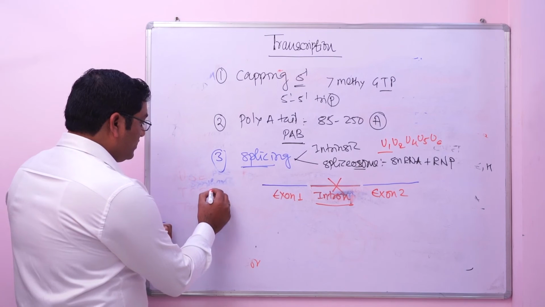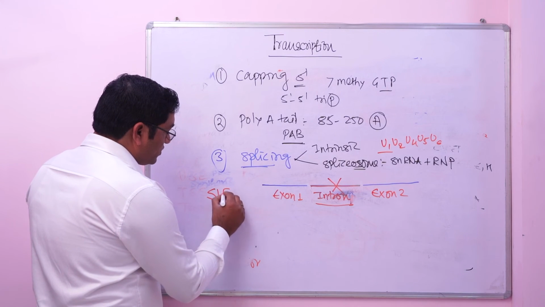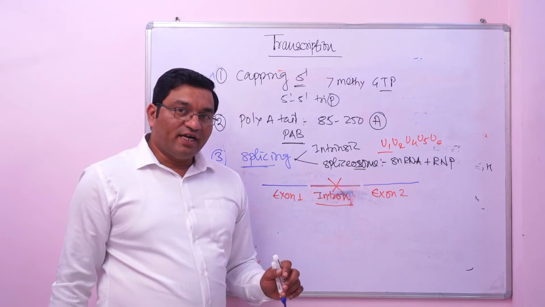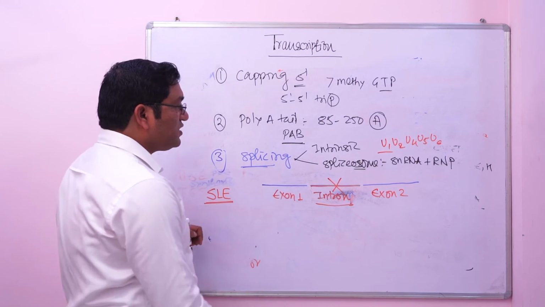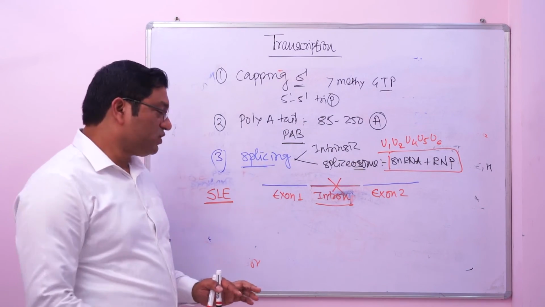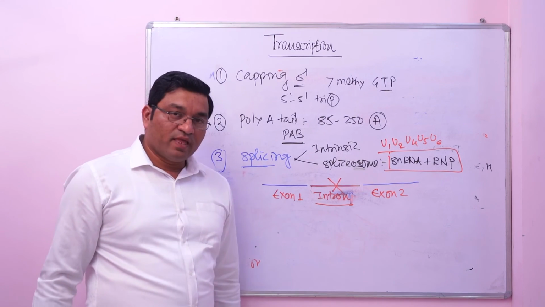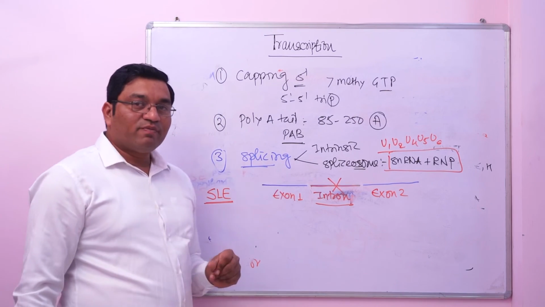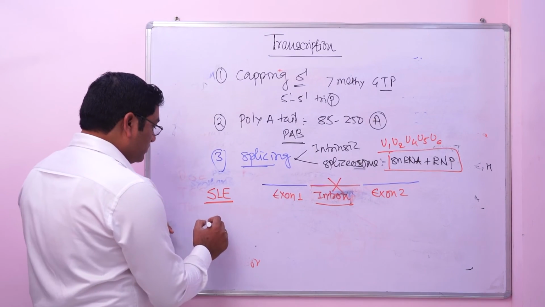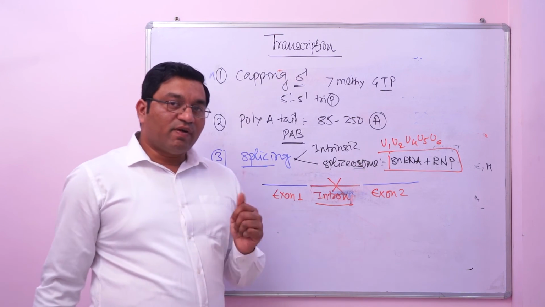One is SLE, systemic lupus erythematosus. This is the disorder in which autoantibodies are produced against these SNRP proteins. This is one of the etiologies in systemic lupus erythematosus. While because of some faulty alternate splicing, there is thalassemia.